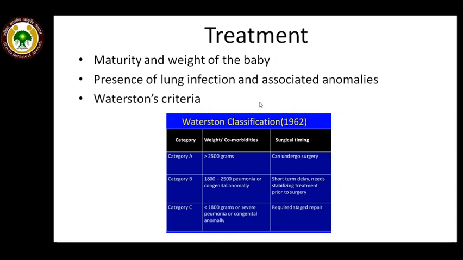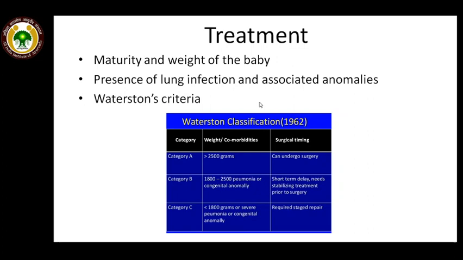In type C, the baby's weight is less than 1800 grams and there is associated severe pneumonia or congenital anomalies, particularly VACTERL. In these cases, a long atretic segment is there, so it requires staged repair. These are the basic criteria known as Waterston's criteria.